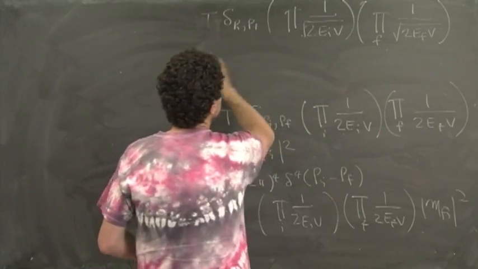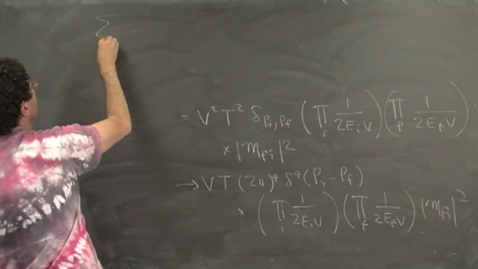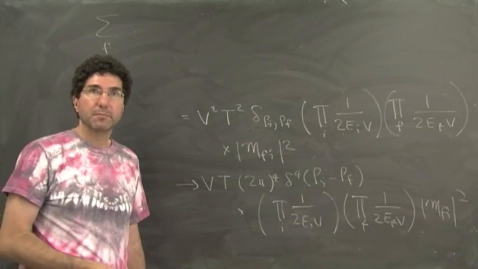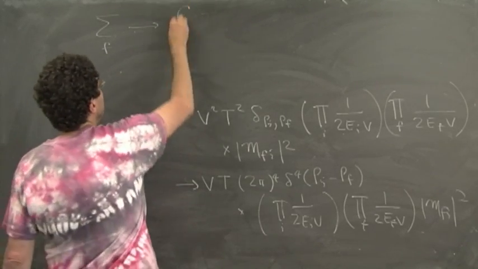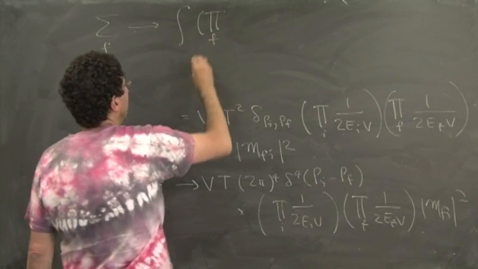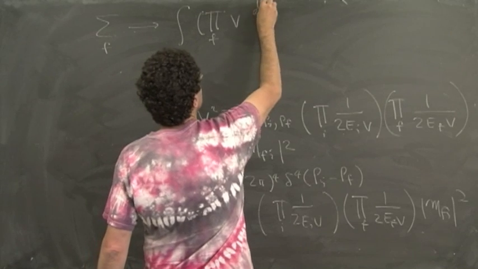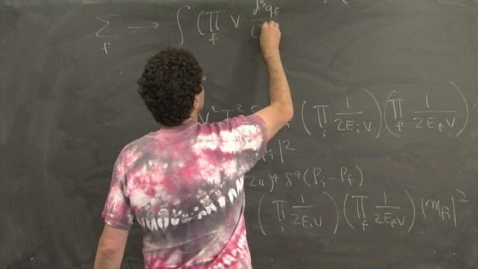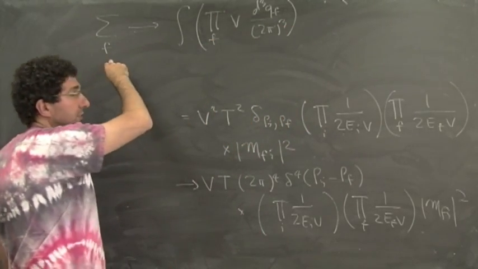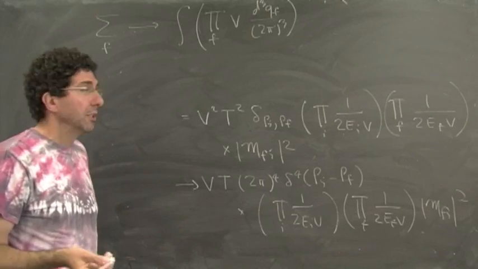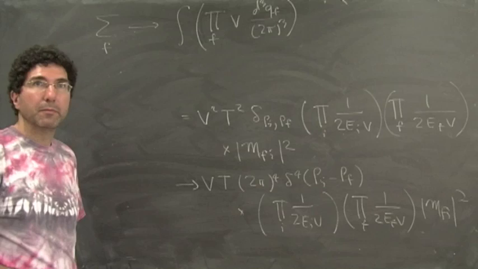So I'm going to be interested in taking sums over final states, and a sum over final states, if I look back at my normalization, turns into an integral, okay? A product for each final momentum, I get a factor of V d cubed q final over 2 pi cubed, right? So to sum over final states, that's equivalent to summing over the final state q's, and for each q, this is the appropriate measure right here, okay?